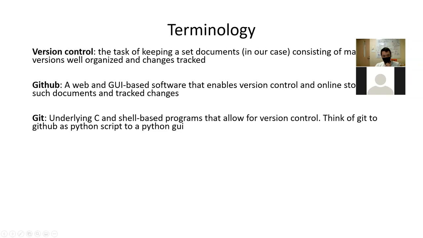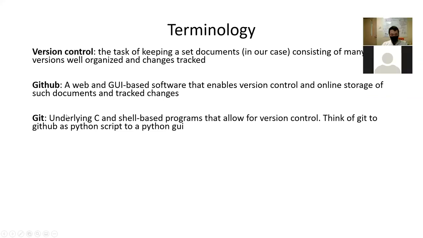For the most part, I'll be focusing on GitHub in this talk. You can interact with Git directly using a command line, or a command prompt sort of thing. It's called Git Bash. I guess the thing I want to highlight is that GitHub is a good way to get started using such version control.